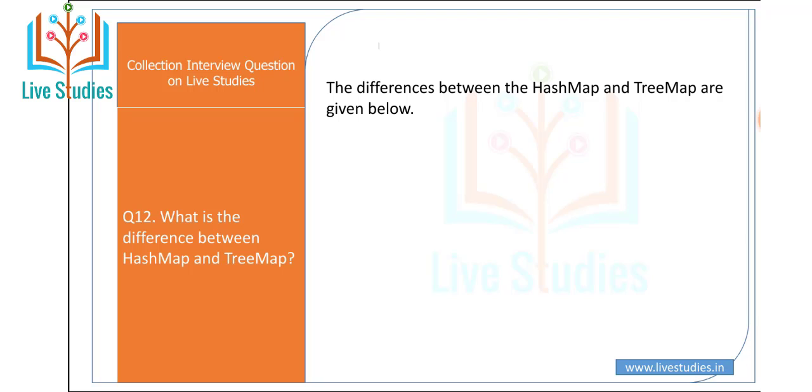Move to the another question. Another question is, what is the difference between HashMap and TreeMap? The differences are below. HashMap maintains no order but TreeMap maintains ascending order.